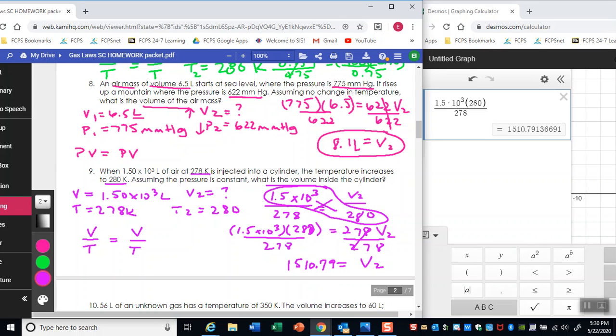So if I write that in scientific notation, I've got 3 significant digits here.